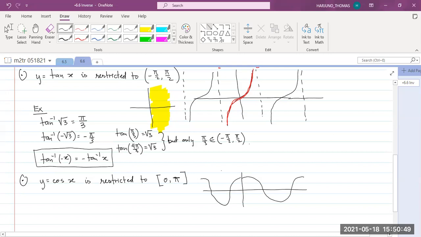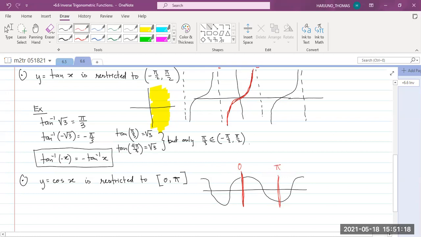So we cannot get a symmetric window around the origin, because if you make this window here, it's not one-to-one, right? So what they do is they choose the best window, in their opinion, from 0 to pi. Okay, that's the best window.